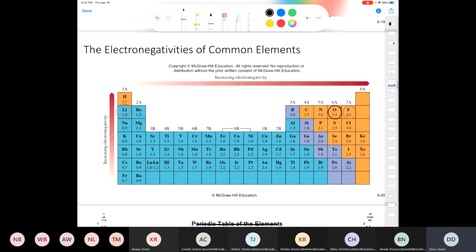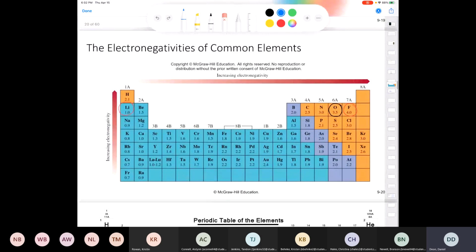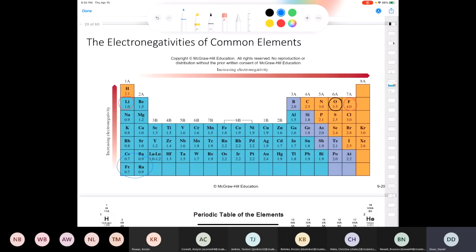And you can see that exemplified. Maybe we could just pick group 6A, right? If you go down from oxygen to sulfur to selenium to tellurium to polonium, you see that electronegativity decreases. You also notice that the least electronegative elements are way down here at the bottom of the barrel, right? You got cesium, francium, right? These are really elements that have a low electronegativity.